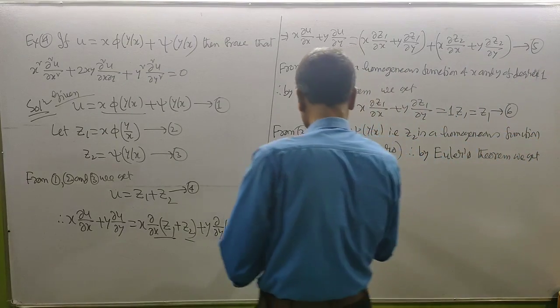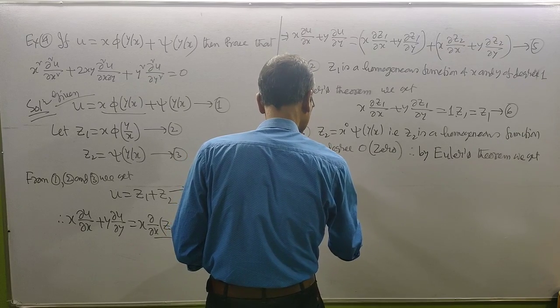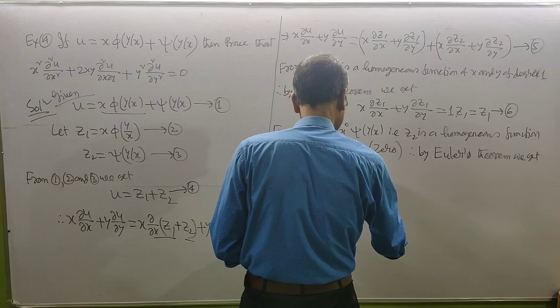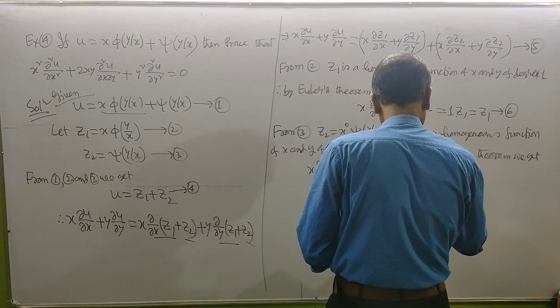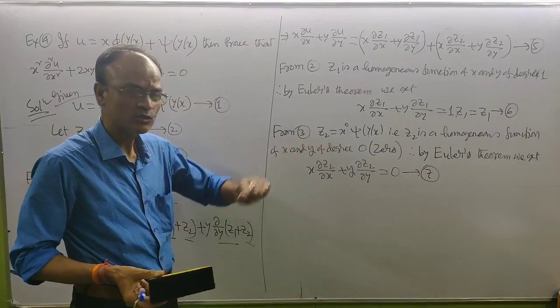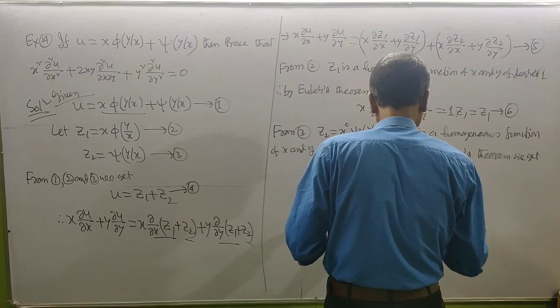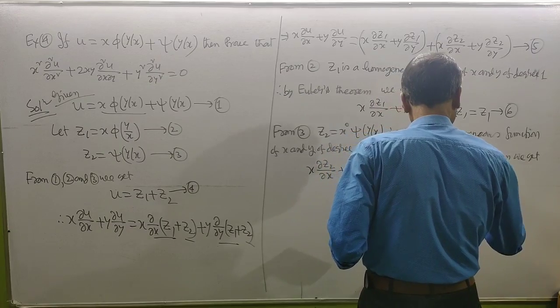Therefore, by Euler's theorem we get x del z2 by del x plus y del z2 by del y equals 0 into z2, which equals 0. Suppose this is number 7.